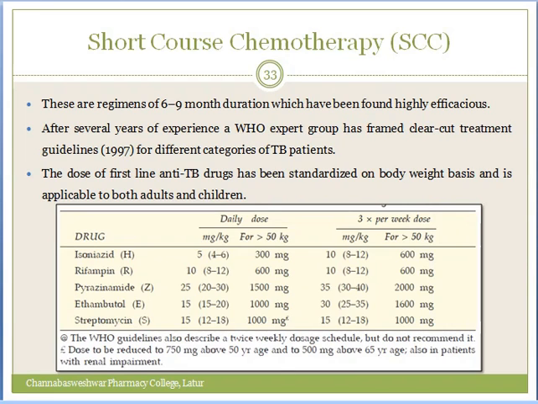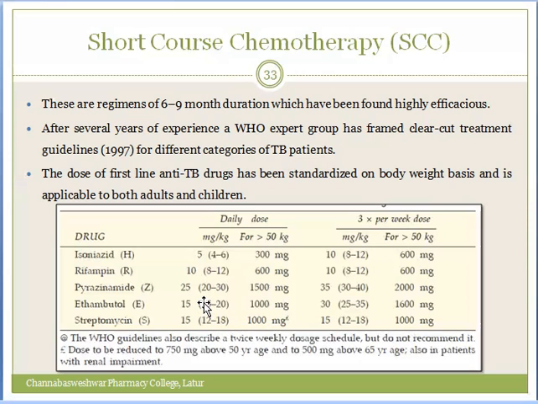The dose of first-line anti-TB drugs has been standardized on a body weight basis, and it is applicable to both adults and children. Look at this chart showing the standardization of first-line drugs based on body weight. The drugs are isoniazid, rifampicin, pyrazinamide, ethambutol and streptomycin, which are given daily or thrice weekly, means 3 times per week.